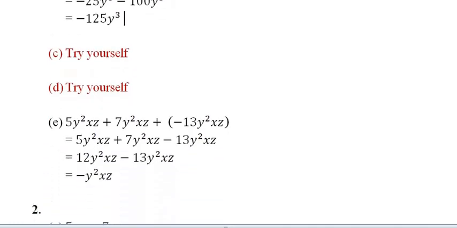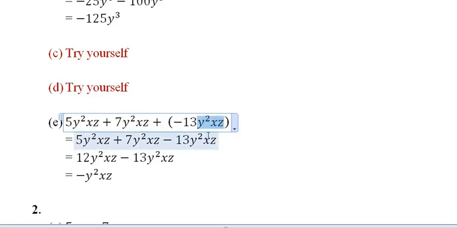Now I'm moving towards the next question, that is 1E. Here we have three monomials given. The variables are y square xz, again y square xz, and again y square xz.